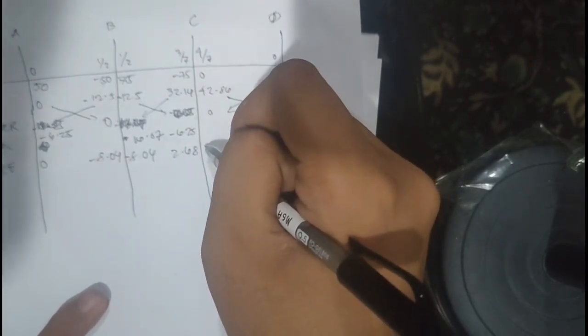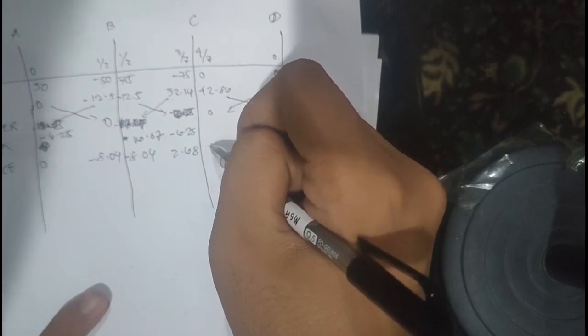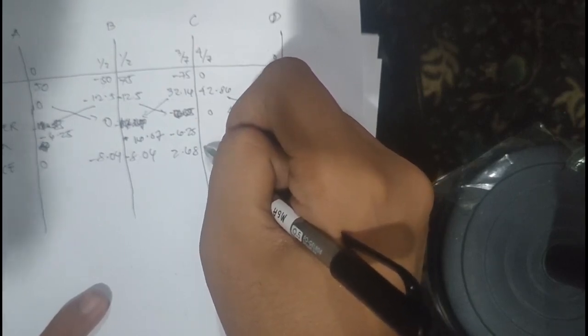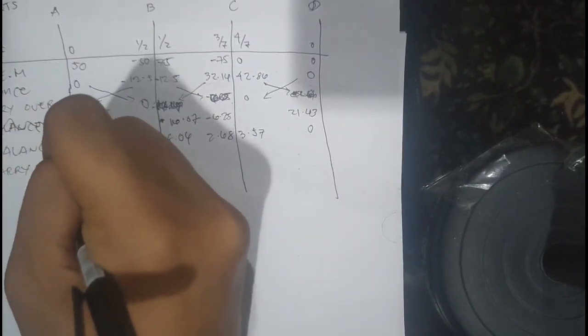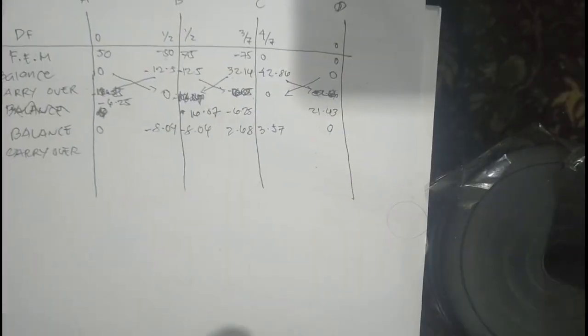Bigas po 4 over 7 times, mahimo na siya 3.57. So 0. Then carry over.